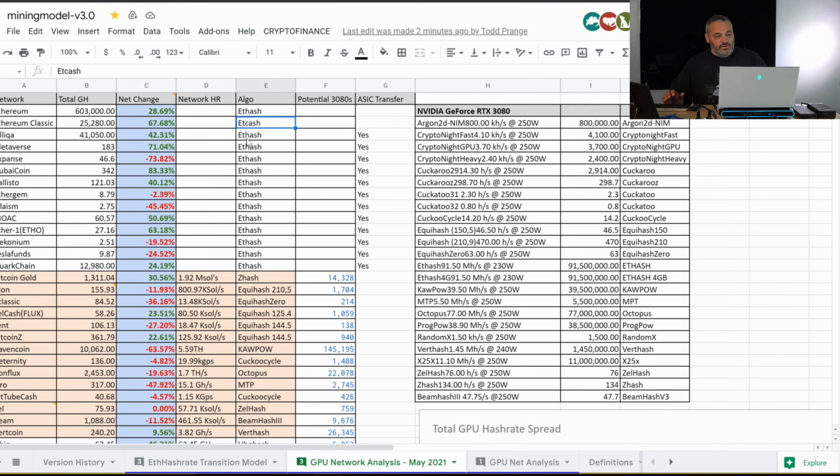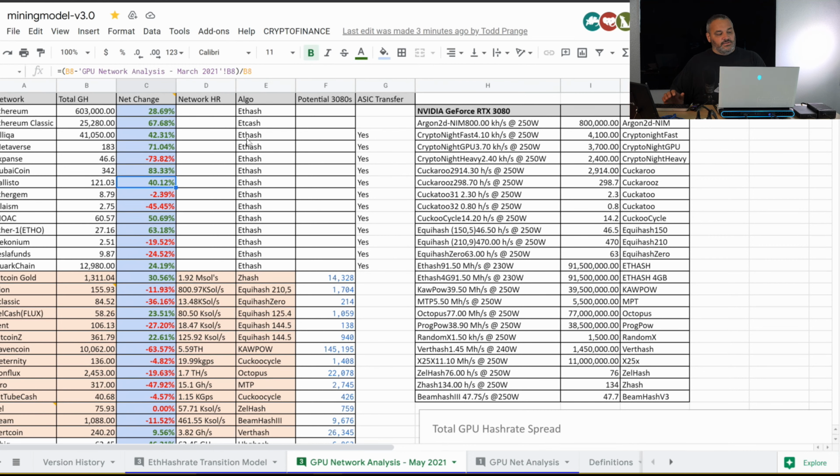Now, something like Ethereum Classic is ETC hash. It's actually a tweaked version of that, so it's not necessarily going to work on that ASIC. The ones that I have yes on here are where some of that force deploy is, and what I'm showing here is the net change that's occurred since March. You can see some of these, Aquila, Metaverse, and then Expanse, which for some reason went down significantly.